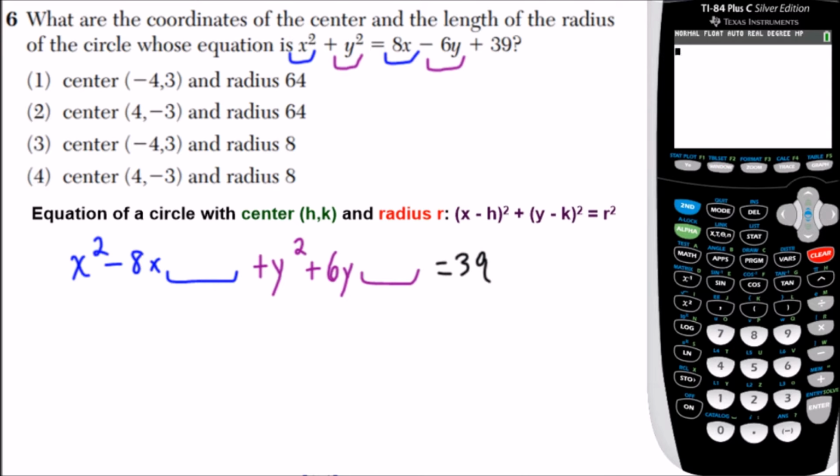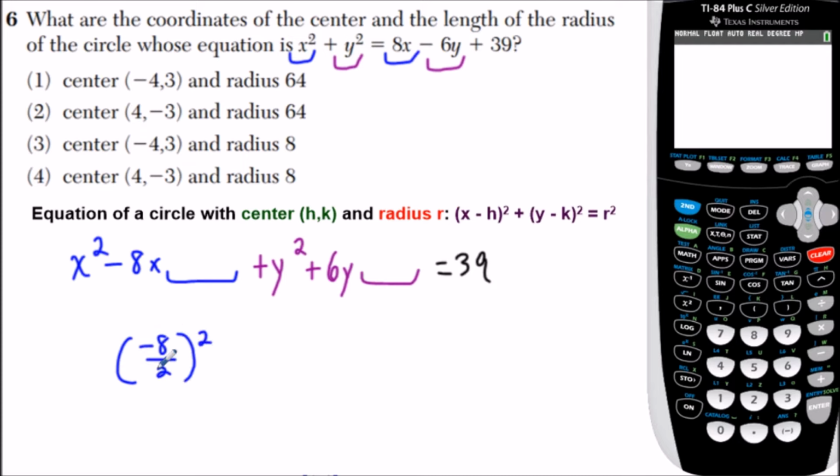The technique is called completing the square because the equation of a circle has x minus h times x minus h. So when this factors, we need the factors to be identical. What we do is we take half of the b term. The b term is the coefficient of x. So we're taking negative 8, cutting it in half, and squaring it.